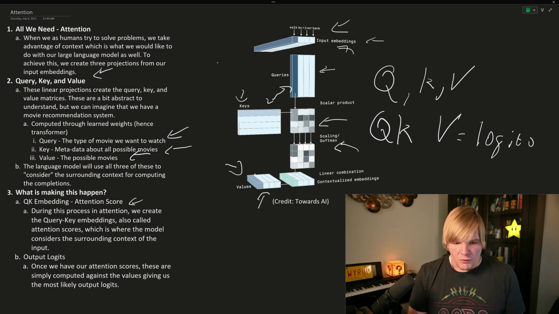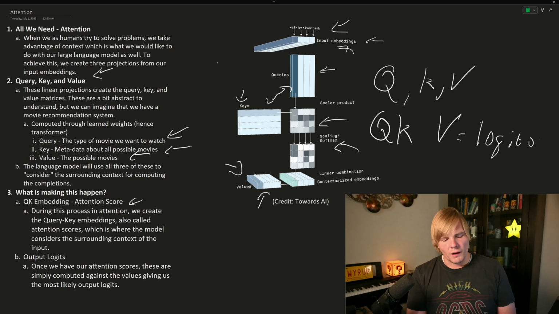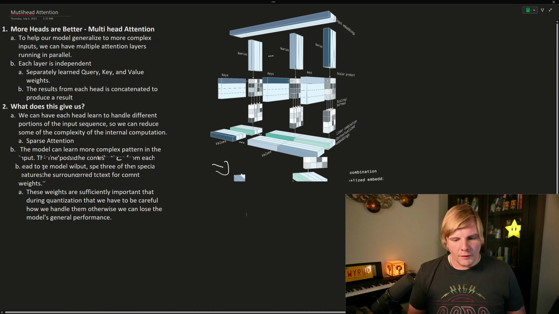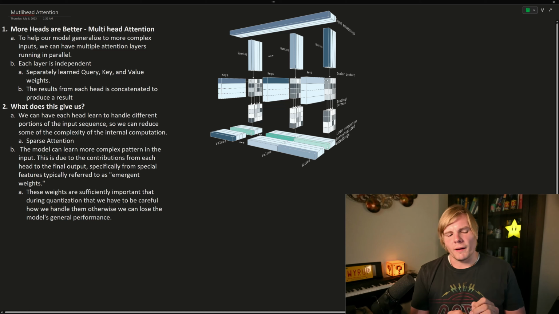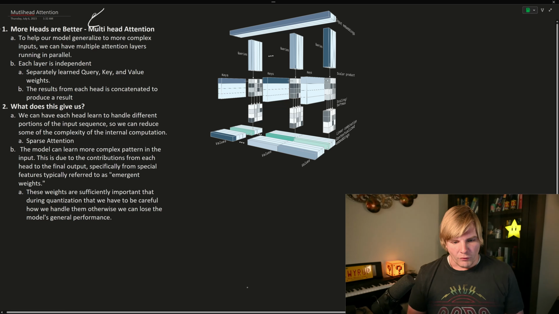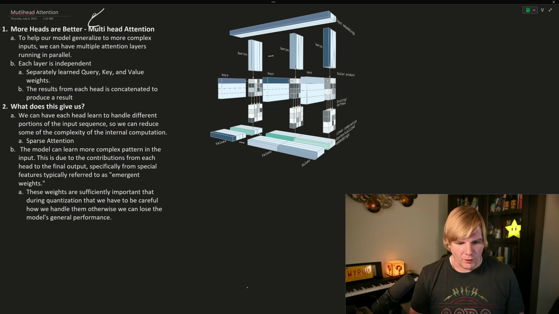Now let's move on to what a multi-attention head is, because we seem to hear a lot about that, and how does it work? A multi-attention head is just an attention layer, but with the idea that more heads are better than one. This helps our model generalize to more complex inputs because we have multiple attention layers running in parallel.